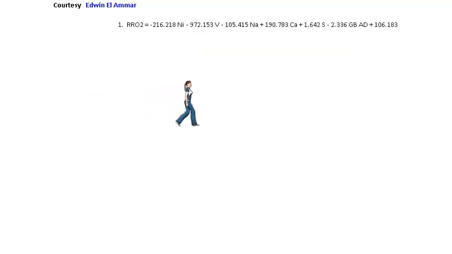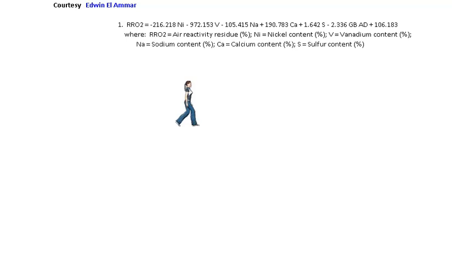RRO2 equals -216.218 Ni - 972.153 V - 105.415 Na + 190.783 Ca + 1.642 S - 2.336 GB80 + 106.183, where RRO2 equals air reactivity residue percent, Ni equals nickel content percent, V equals vanadium content percent, Na equals sodium content percent, Ca equals calcium content percent, S equals sulfur content percent.